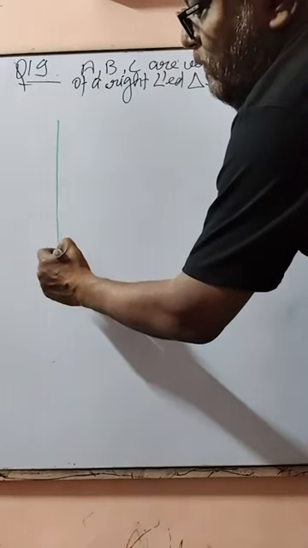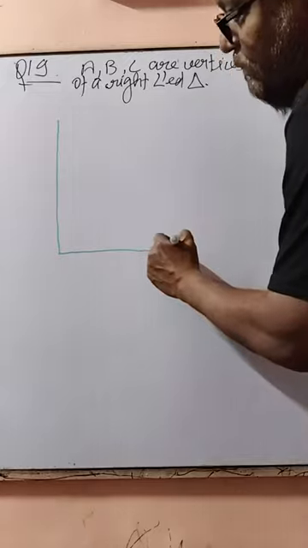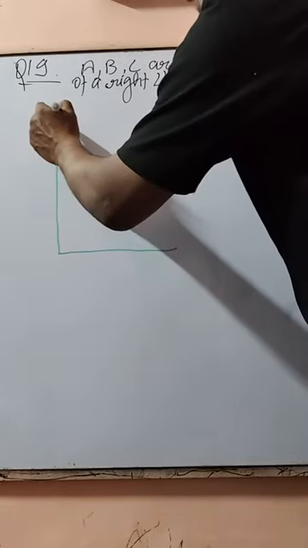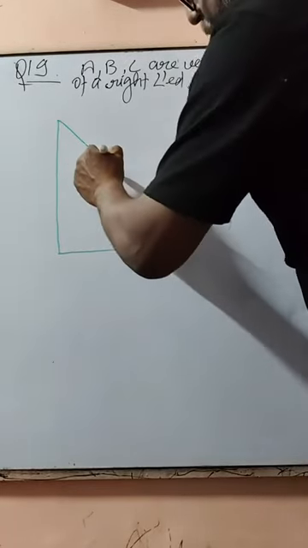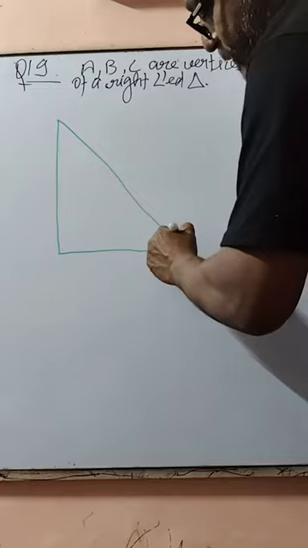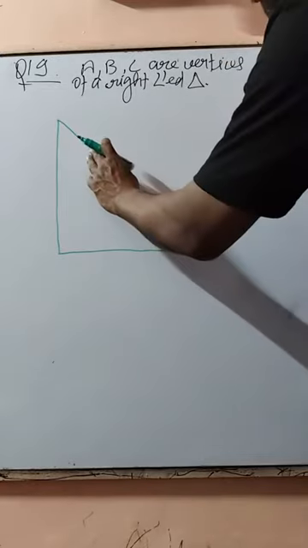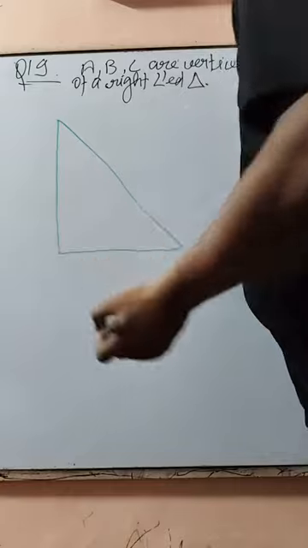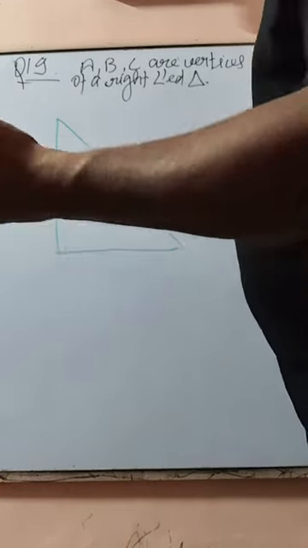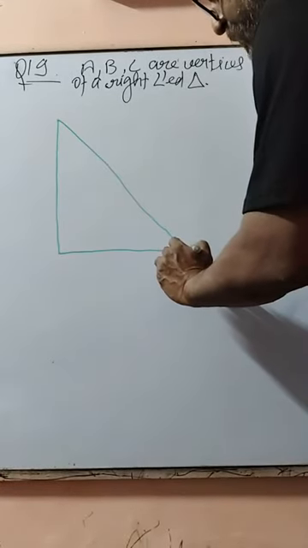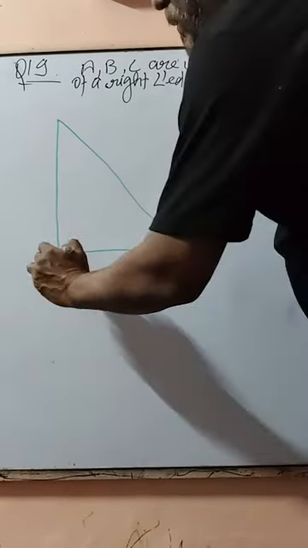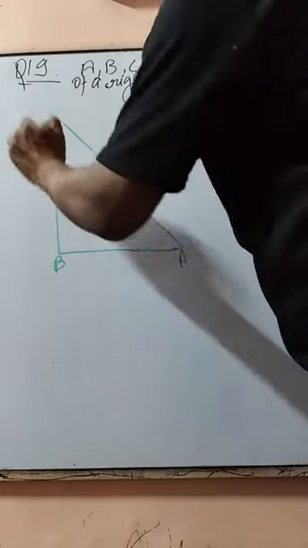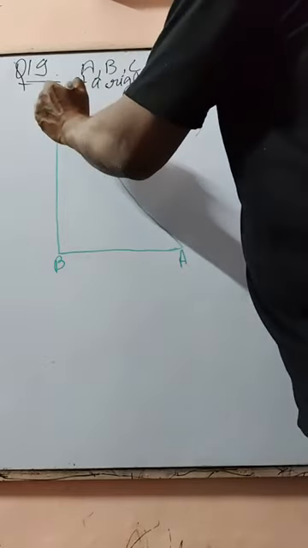This is right. How did you take this here? It's given, you took it on your own. What are the vertices?